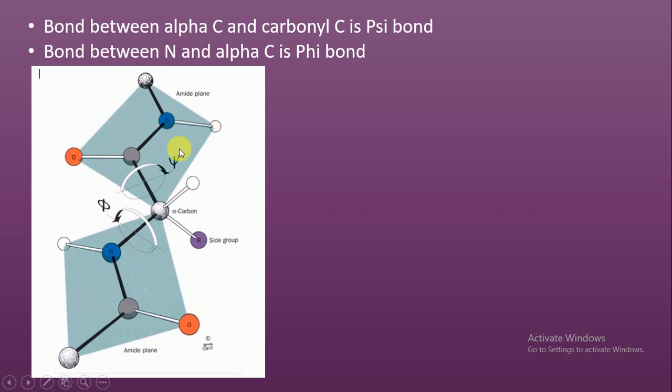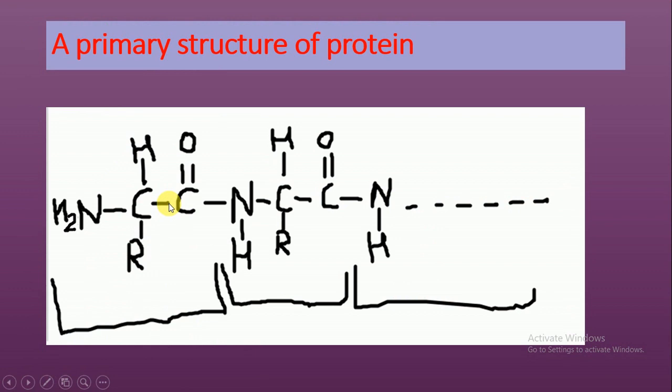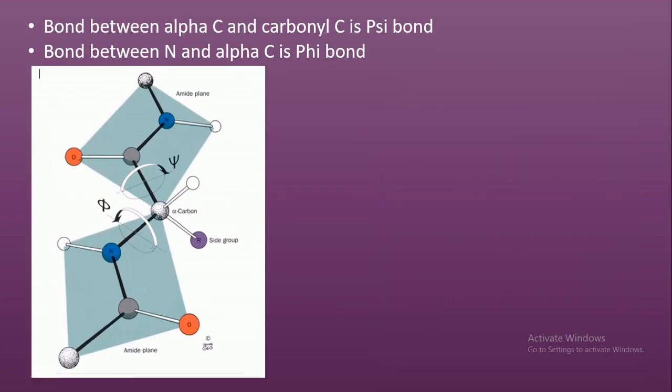So NH, in previous structure we have studied this NH2 C double bond O, and this bond is the peptide bond. Similarly, here also you can see this alpha carbon, carbonyl carbon, and this nitrogen. This bond is a peptide bond.